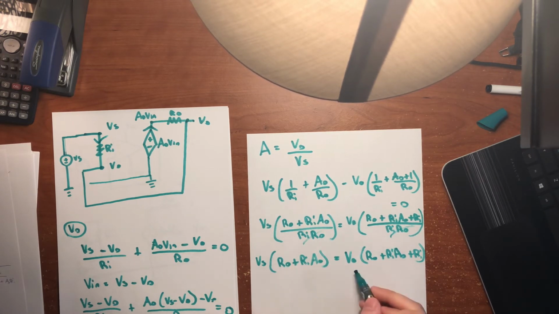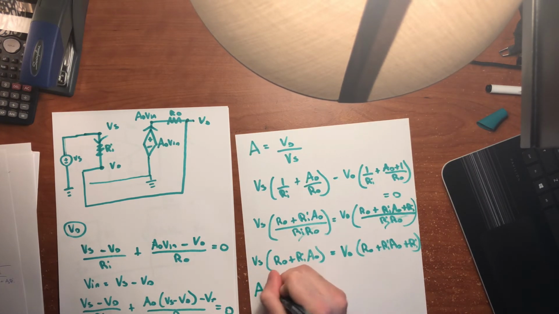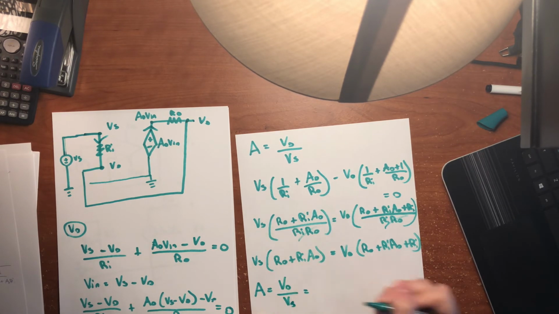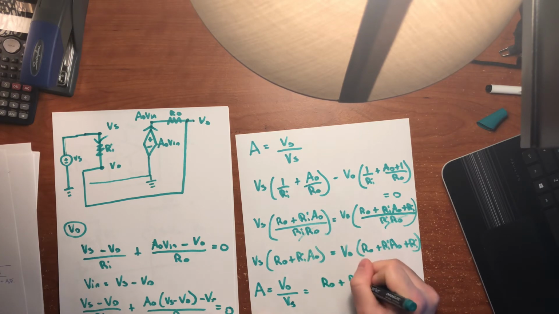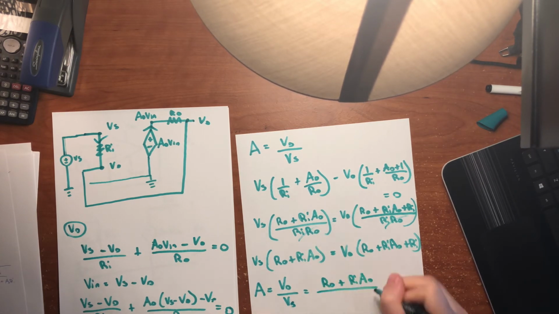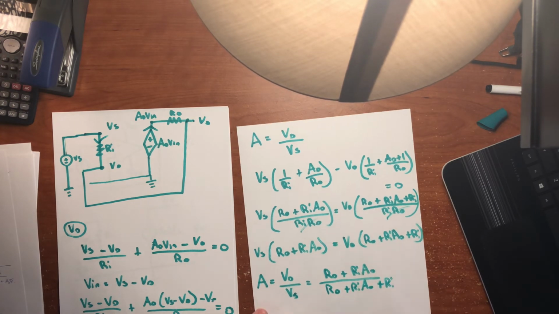We could divide this by Vs and bring this whole term over to this side in order to get the gain. So the gain V naught over Vs is equal to R naught plus Ri A naught divided by R naught plus Ri A naught plus Ri.